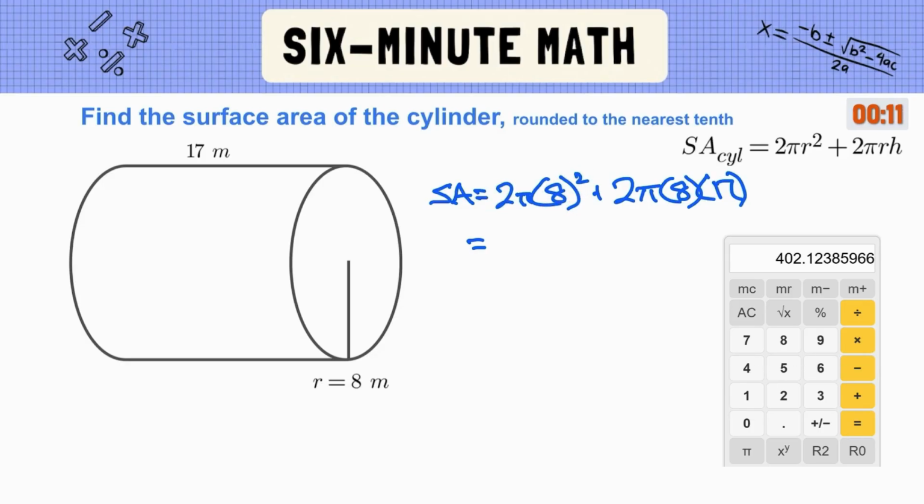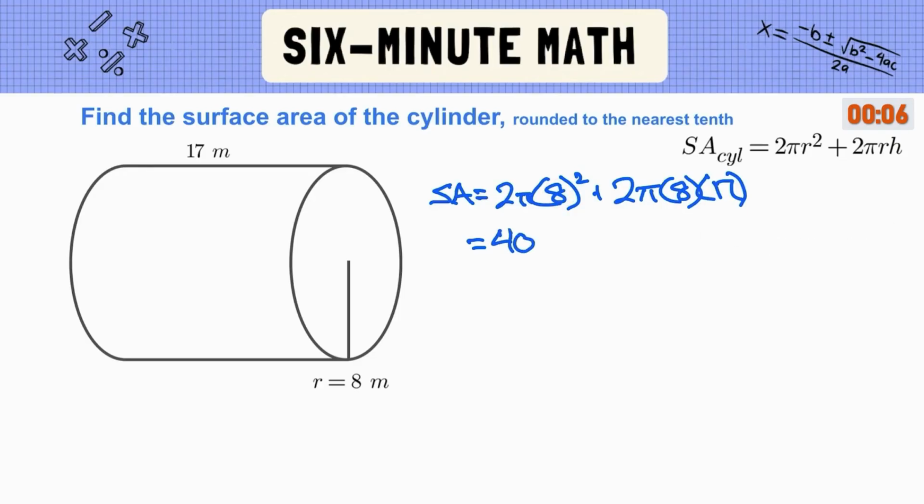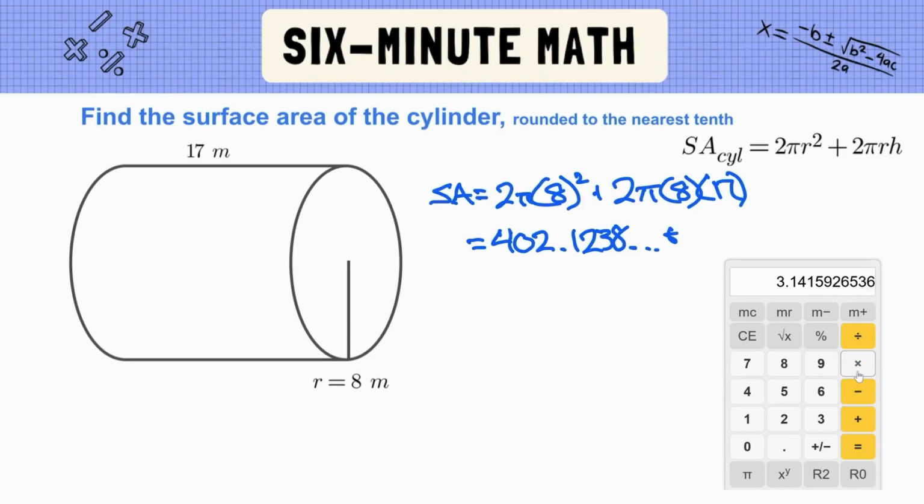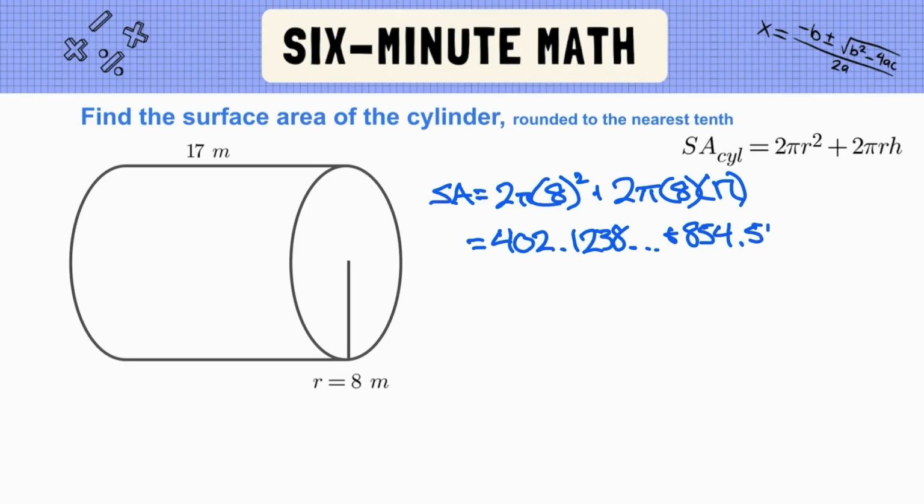So 2 times pi times 64 is 402.1238. And I'm going to add 2 times pi times 8 times 17, which is 854.5132.